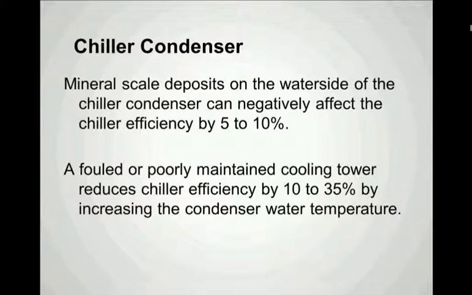In the chiller condenser, where the water flows through the cooling tower, the process of evaporation of water into the atmosphere tends to concentrate the minerals that are present in the water and can lead to mineral scale deposits on the water side of the chiller condenser. And if these should happen to form, they create an insulative barrier for heat transfer and can actually adversely affect the chiller efficiency by up to 5 to 10%.